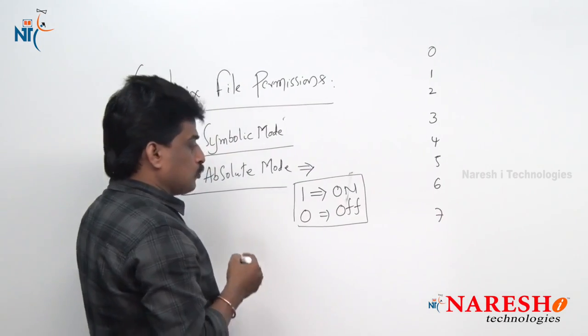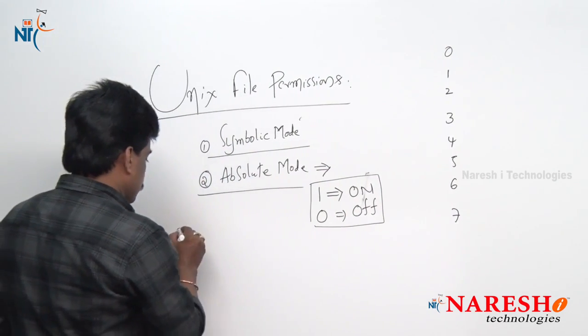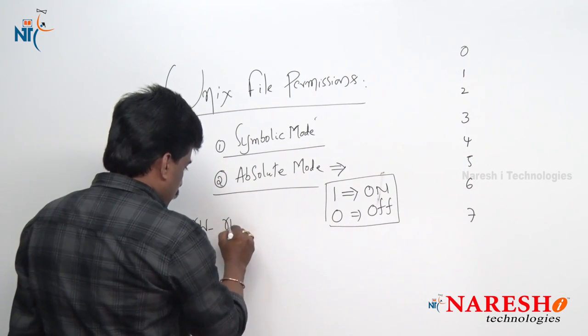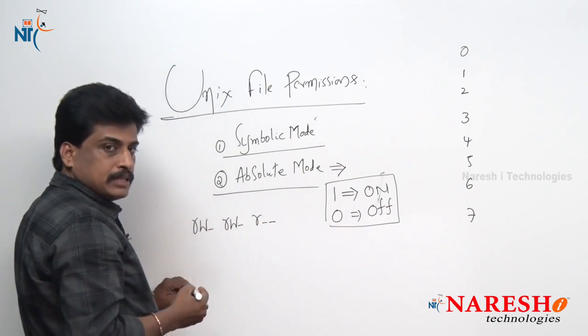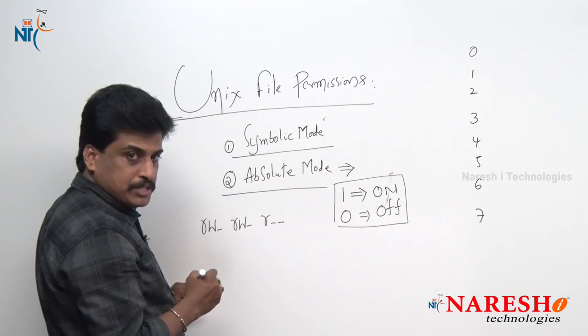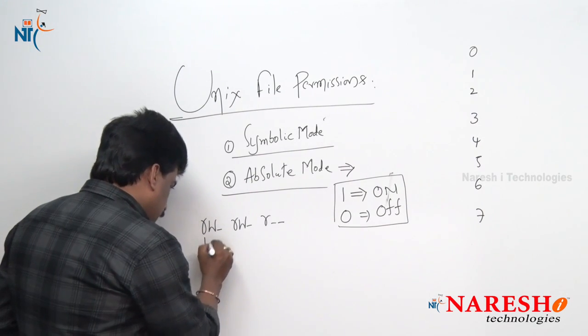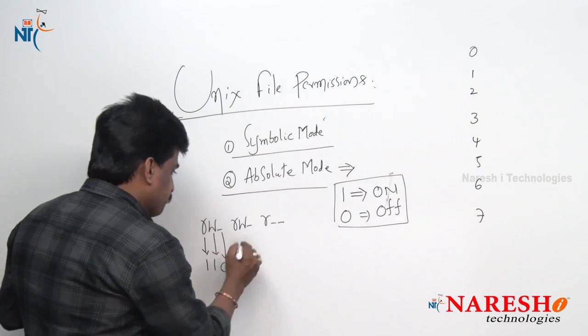Now, by default, whatever the file permissions available, we already know that. What is that? rw-, rw-, r--. These are the default permissions when you create a Unix file. Read 1, write 1, no permission 0.